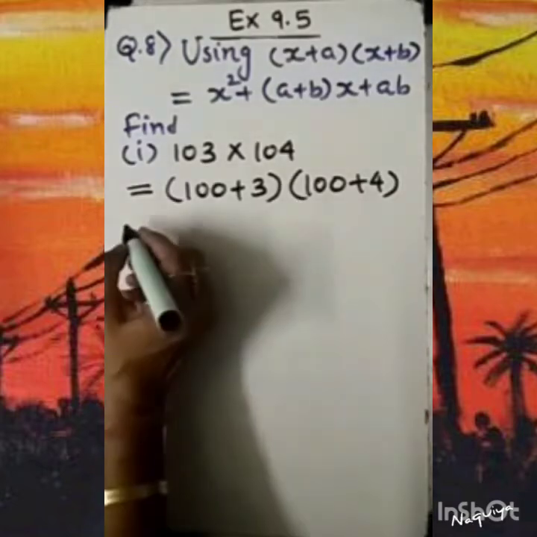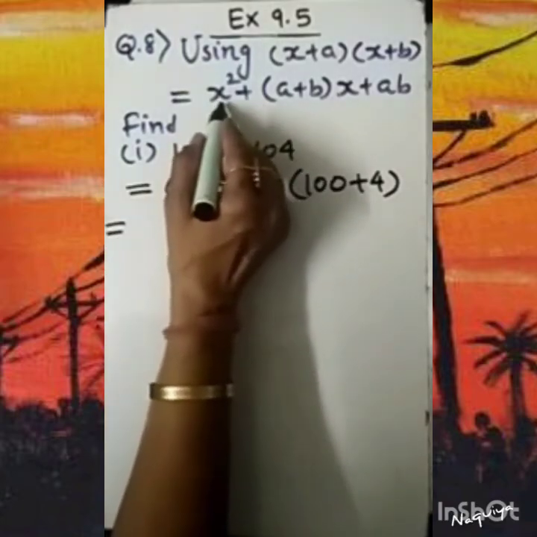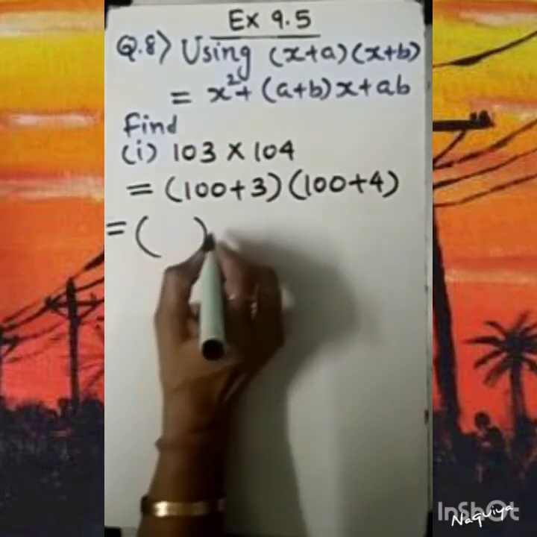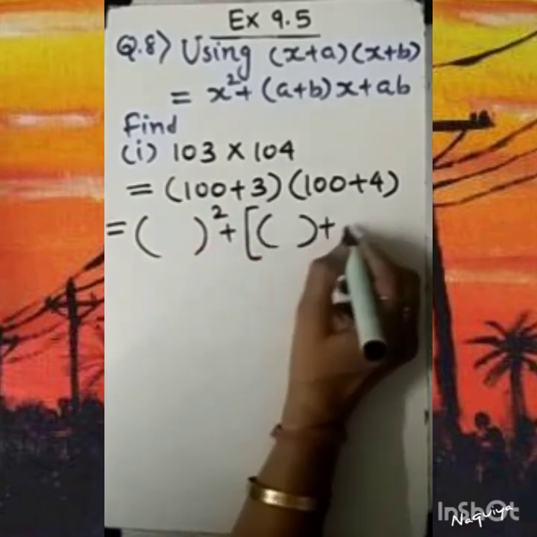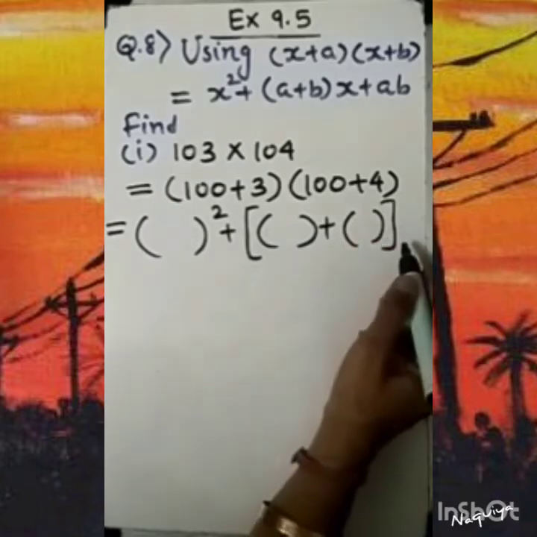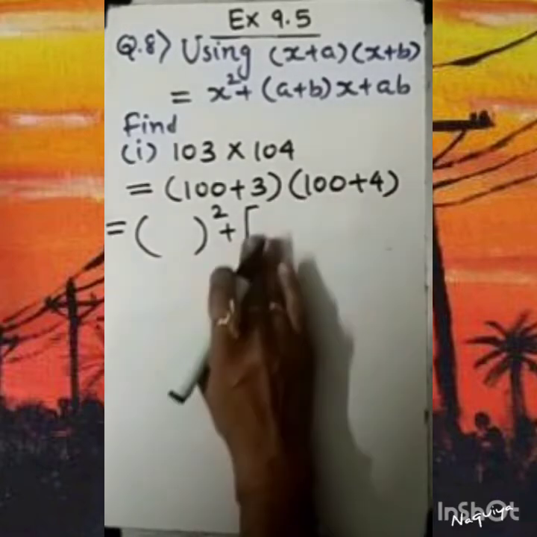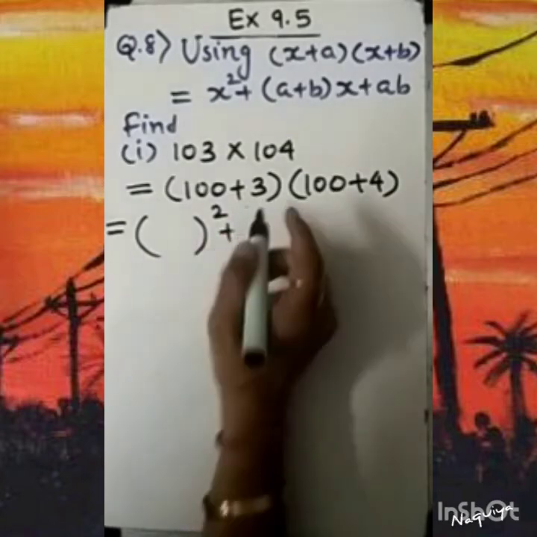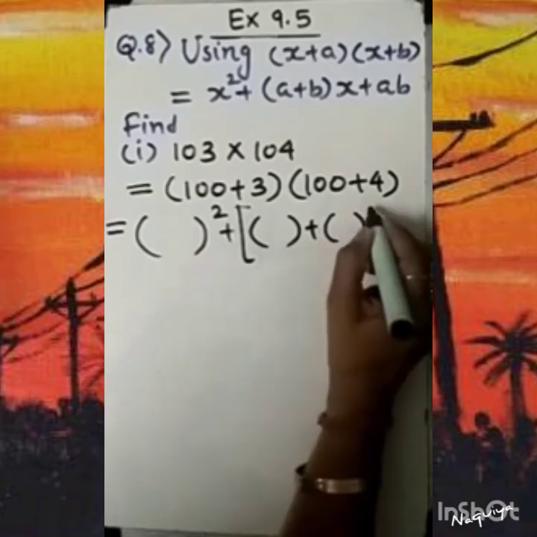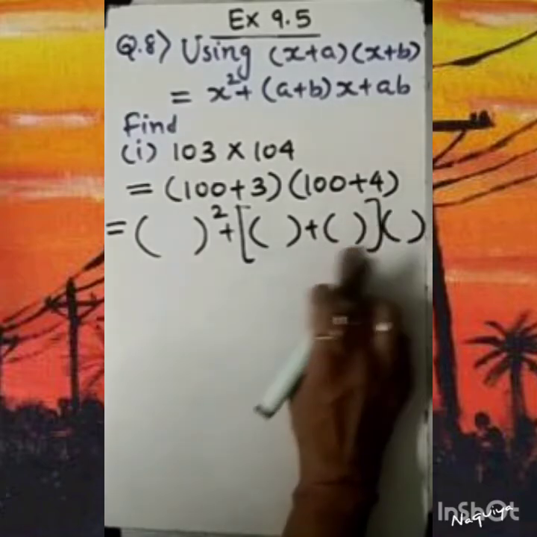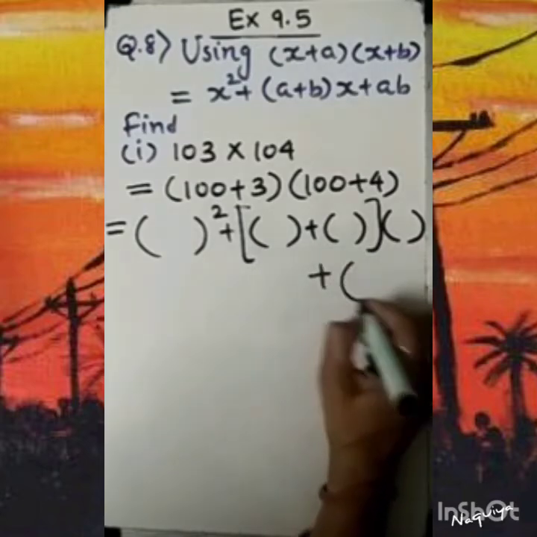Fine. So in such a case, what we have to do? Now applying identity. Here it is x square, so I need to write x square plus a plus b, and here in product, I need to write it this way. I am giving space so that this is a, b, and this is x. This x is in product with x, and plus a into b.